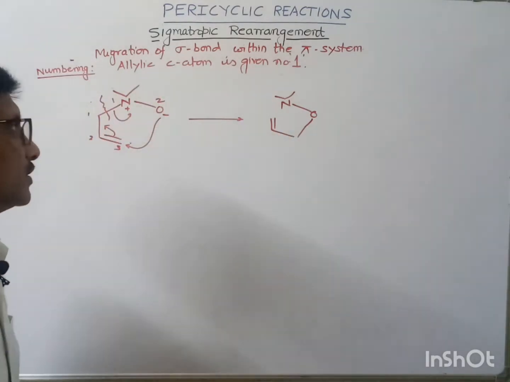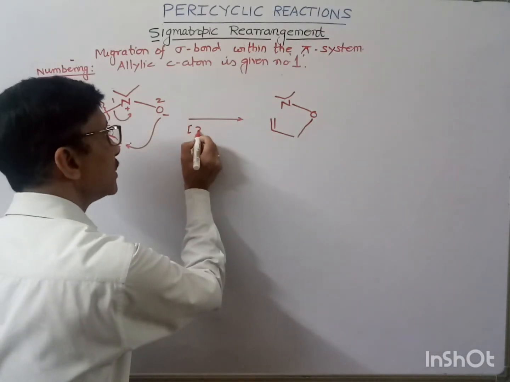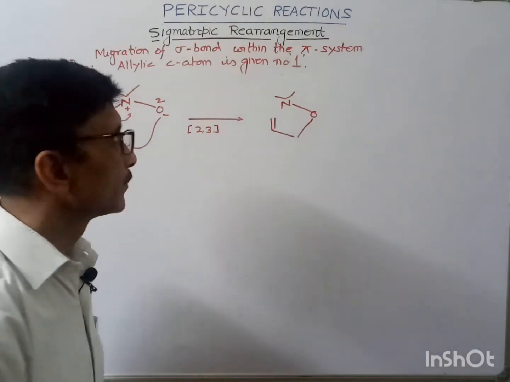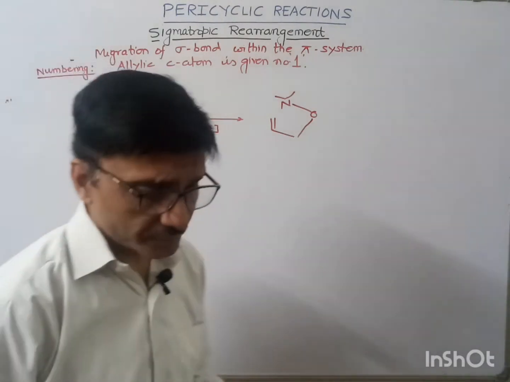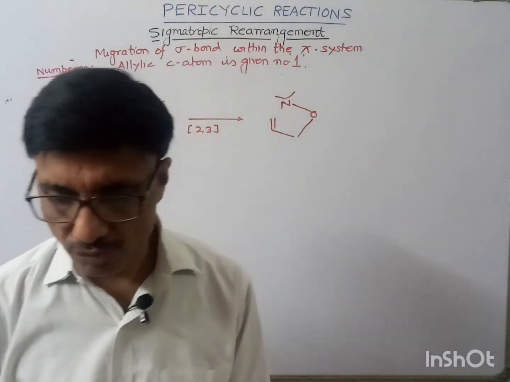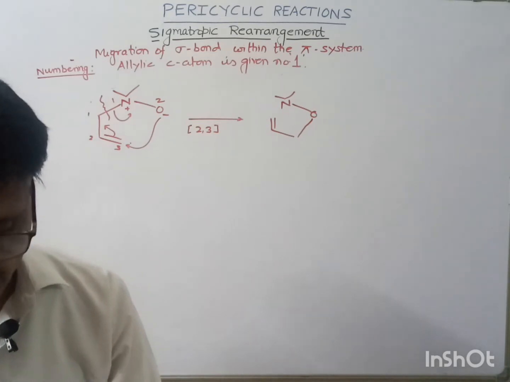So this is the 2-3 sigmatropic shift. The bond is formed between 2 and 3. This is an example of a 2-3 sigmatropic shift. Okay, so now we will see some more examples of this 2-3 sigmatropic shift or 3-3 sigmatropic shift, and so on. We will see many examples.